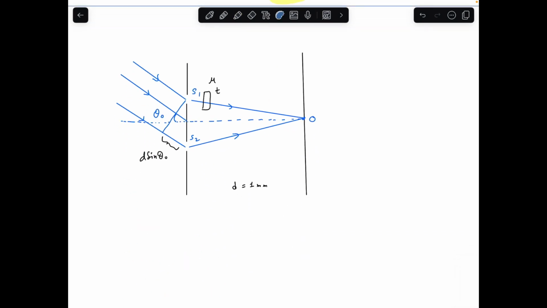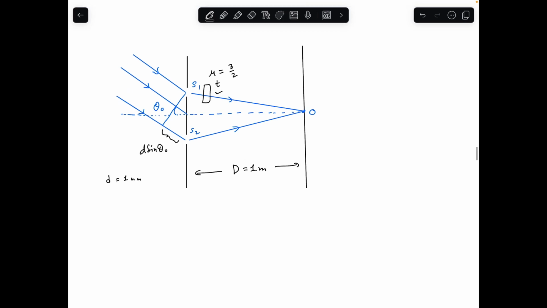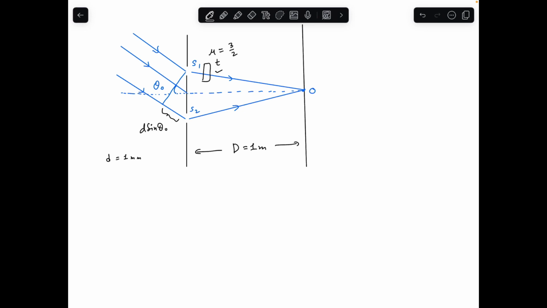Small d is 1 millimeter, capital D is 1 meter, and if I introduce a glass slab of thickness T, mu they have given 3 by 2. They are asking the central maxima is shifted to O. What is the thickness of this glass slab?